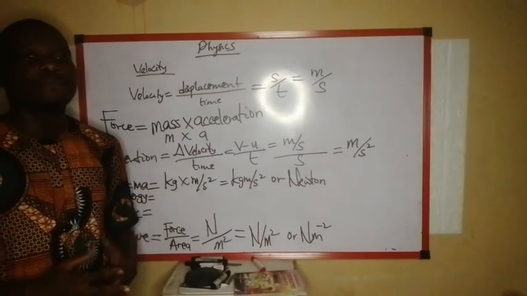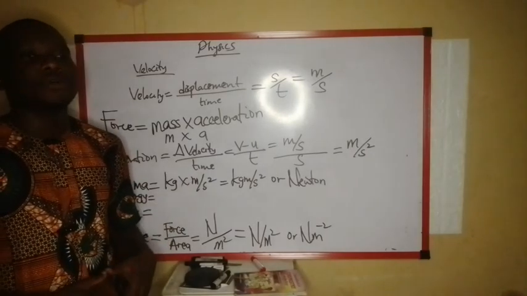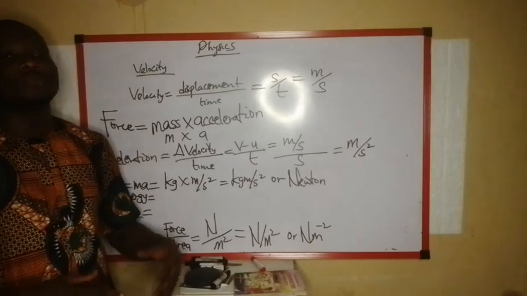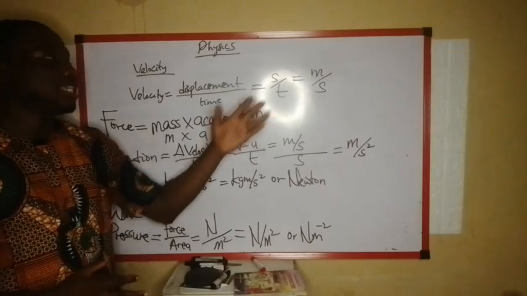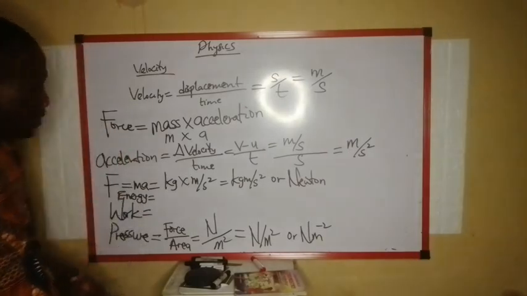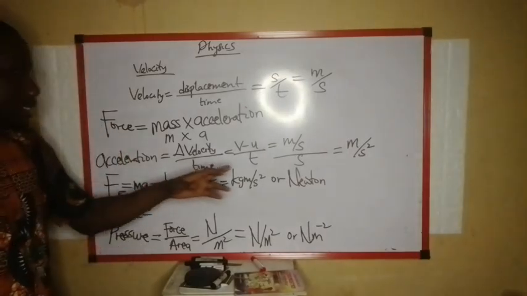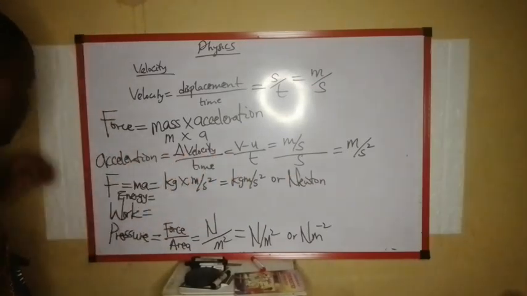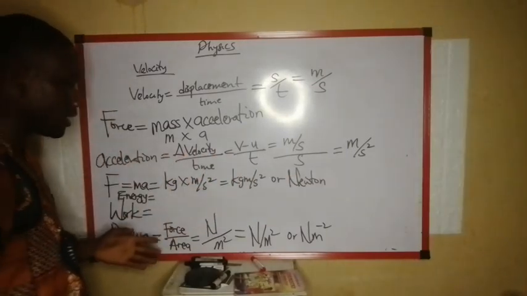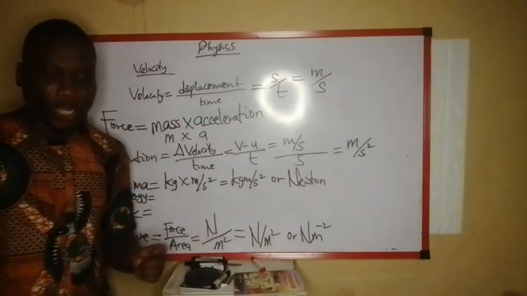Time, which is in seconds. Velocity, which is meter per second. Acceleration, which is meter per second square. Force, which is kilogram meter per second square, or Newton. Pressure, which is force over area, which is Newton per meter square.